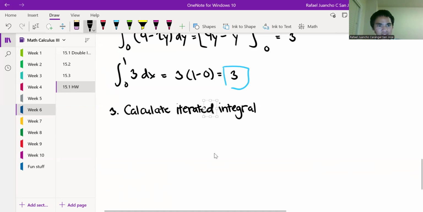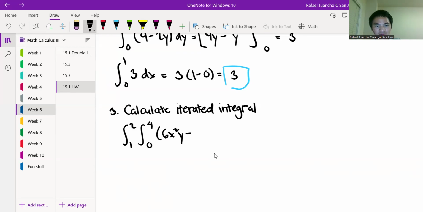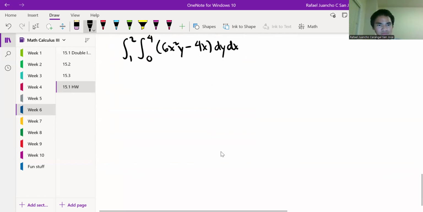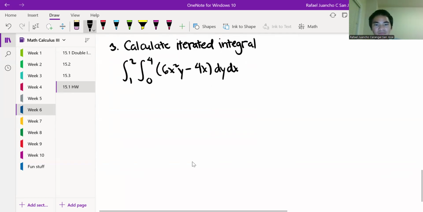So the integral is 1 to 2, 0 to 4, 6x squared y minus 4x, and then this is dy dx. So what is this? Let's first solve this integral.